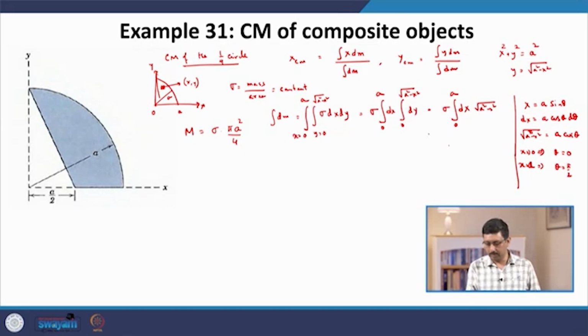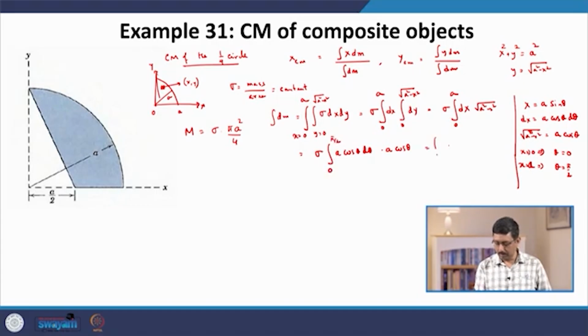So, in our new variable, we have dx is a cos theta d theta times a cos theta, from 0 to pi by 2. This is going to be sigma times, taking a square outside, a cos square theta d theta from 0 to pi by 2.